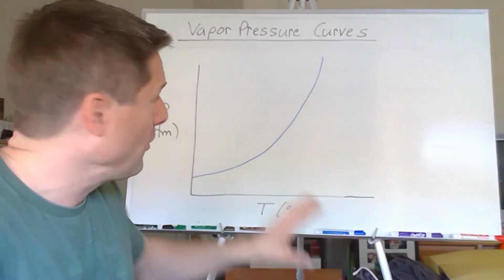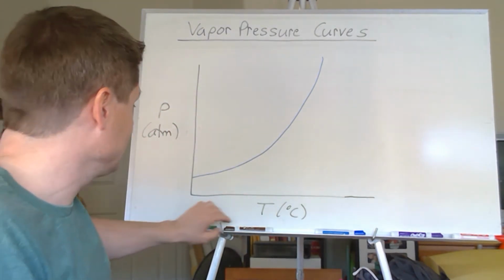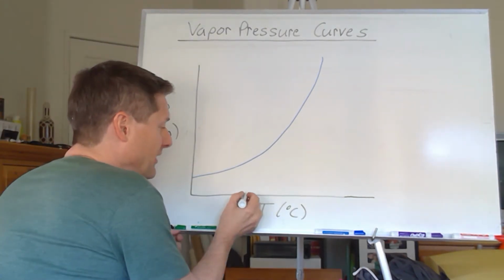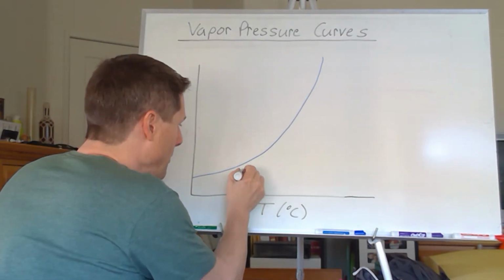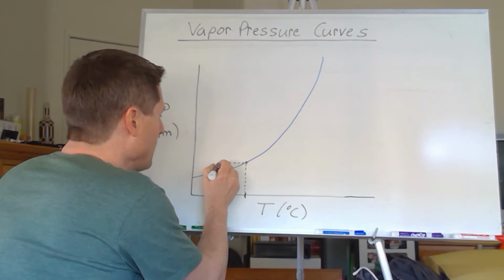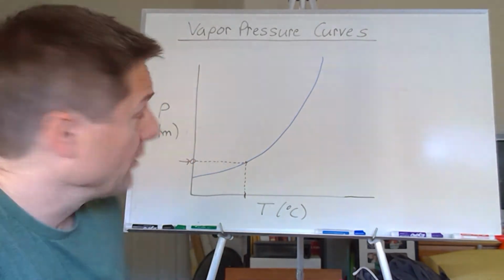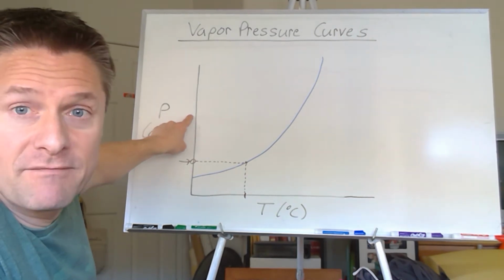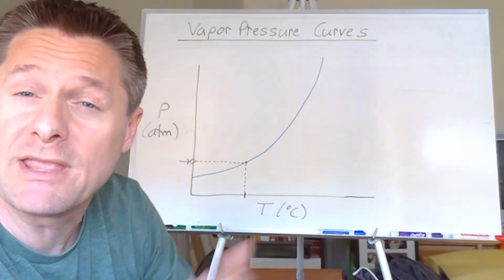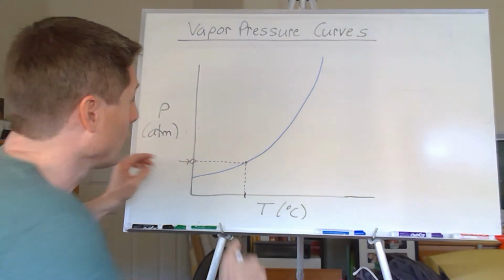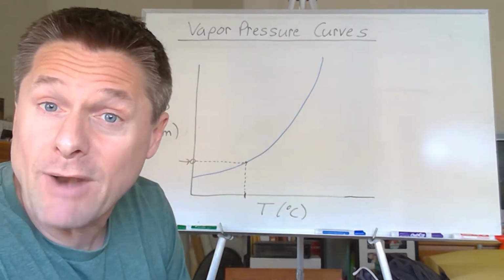But if you don't have a table, we can just put all the data on a graph here, and then if we're at this particular temperature, you could just go up and over, sound effects optional. And you know what your vapor pressure is. Or you could say, for a vapor pressure of a certain value, what temperature would it have to be? You go over, go down, and that's the temperature that would give you that particular vapor pressure. So you can read them pretty easily off of a plot like this.